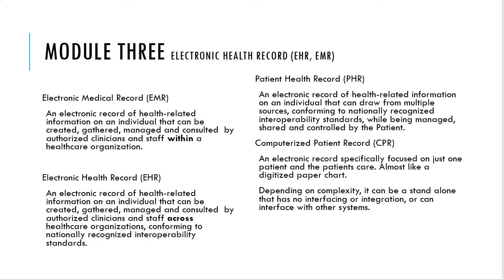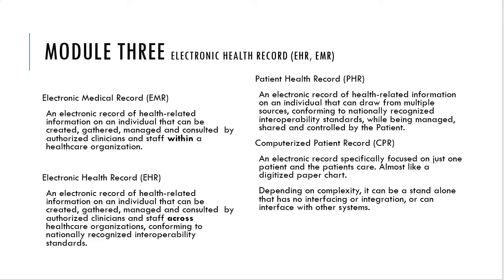Then there's the computerized patient record. It's an electronic record specifically focused on just one patient and that patient's care. That is really the digitized paper chart. And going from paper chart to getting the CPR really did help, especially with handwriting and things like that. But that was really the precursor to going to an electronic medical record.